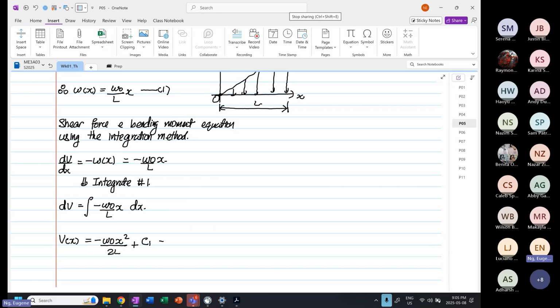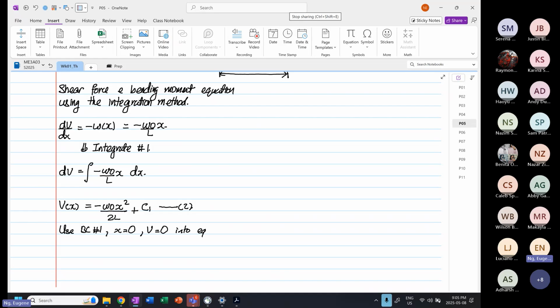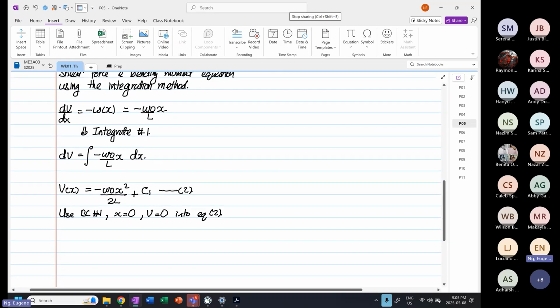This is our equation number 2. With equation number 2, we use boundary condition number 1, where x is equal to 0, v is equal to 0. When that's the case, C1 is equal to 0.